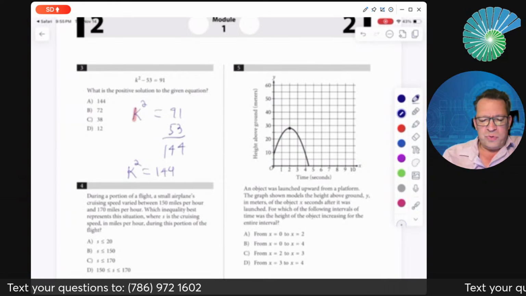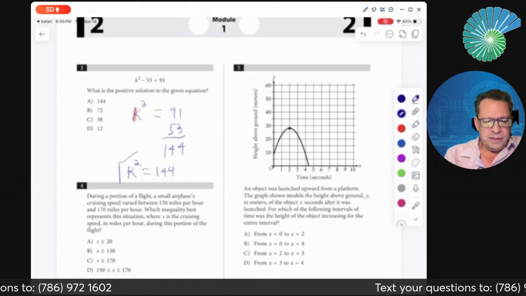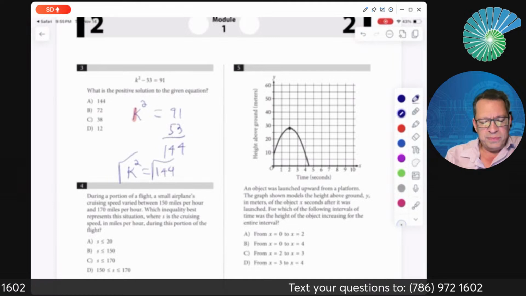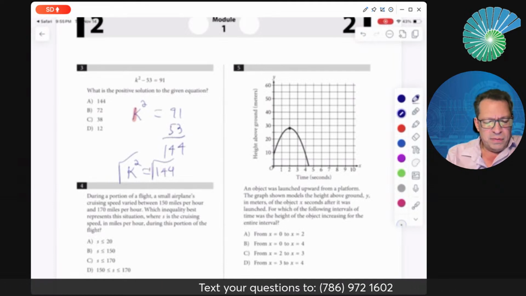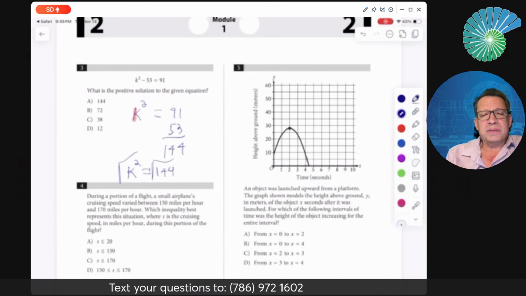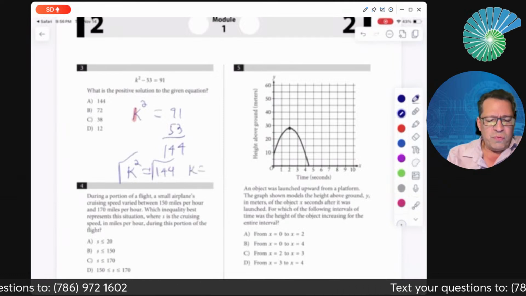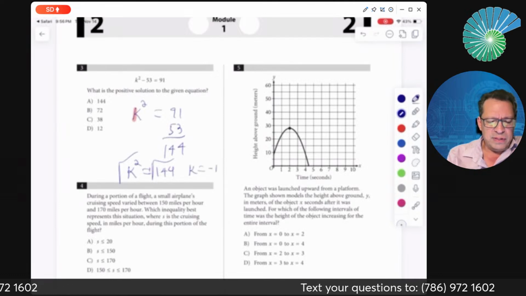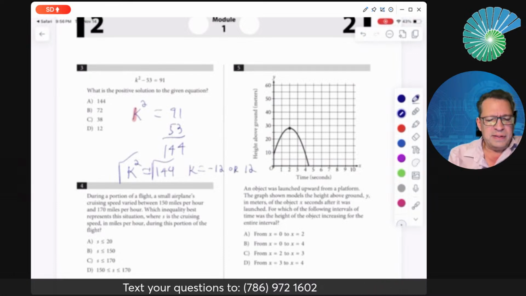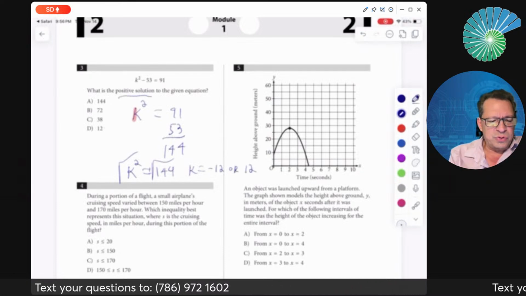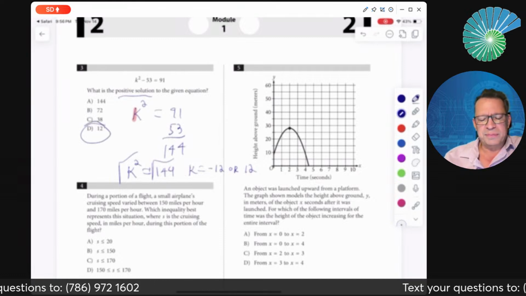And then you take the square root. Now, whenever you take the square root, we have two possibilities, either a positive or a negative solution. So the square root of 144 is -12 or +12, but they want the positive solution, so that's the answer.